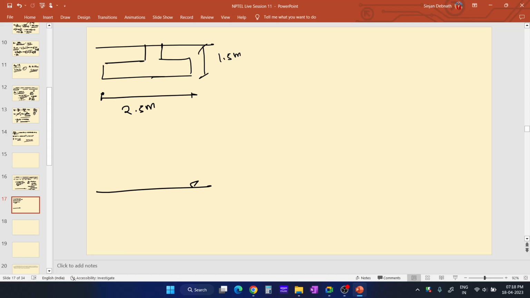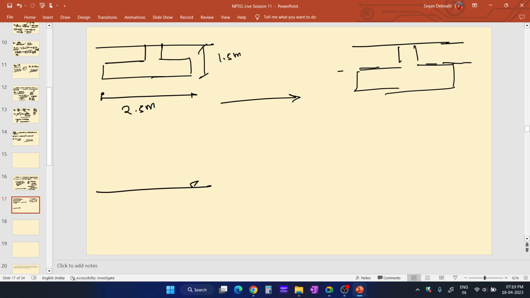After that, the water table rises up to a depth of 0.75 meter below the ground surface, over here, and this is 1.5 meter like before.